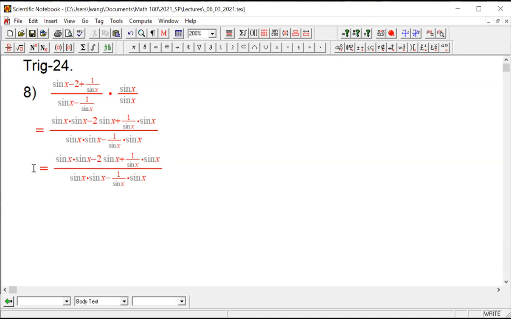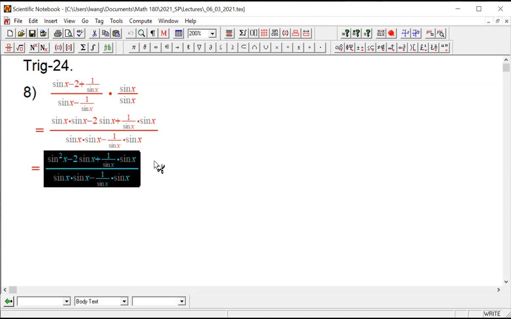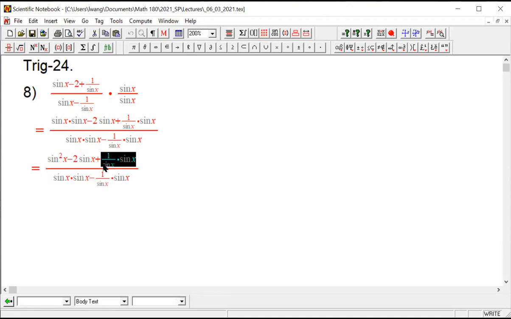You reduce it, right? What you get: sine x times sine x is sine x squared, so sine x squared minus 2 sine x plus 1 on top, and sine squared x minus 1 at the bottom. You see that? And what is this?